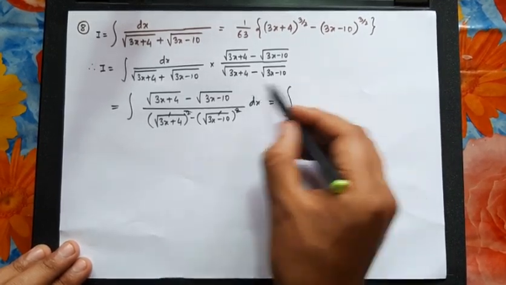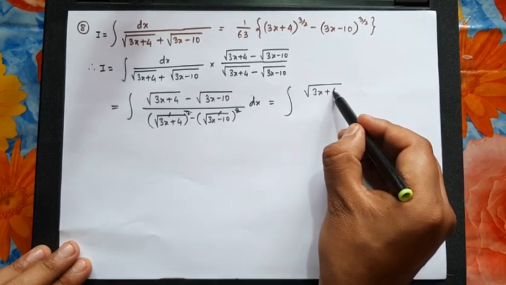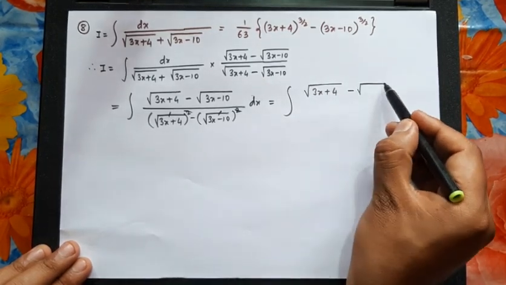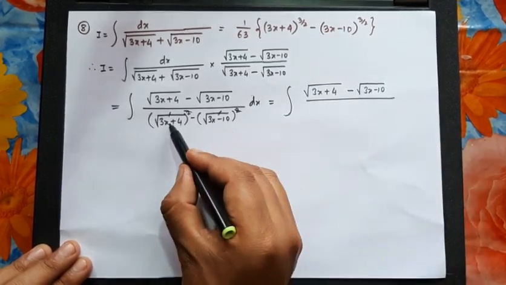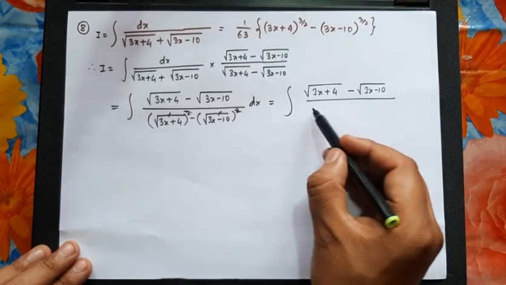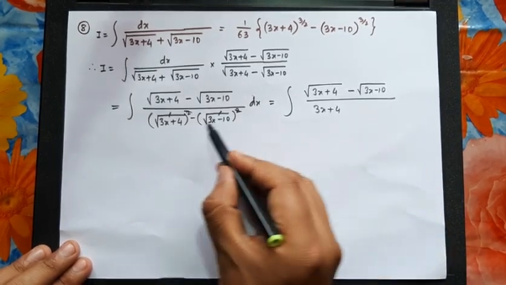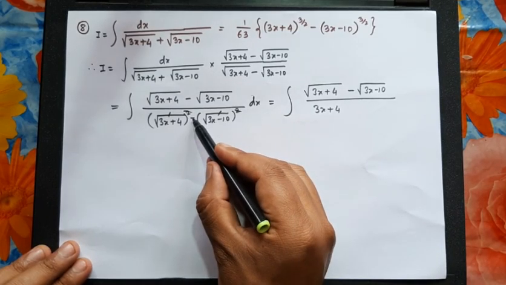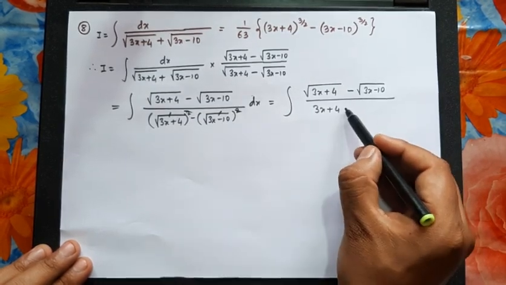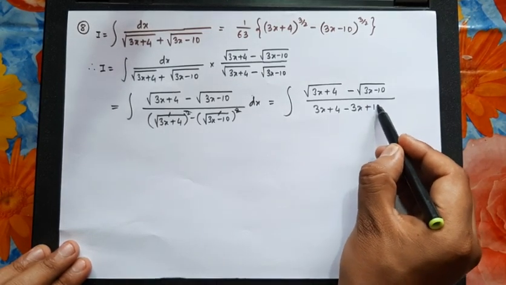So we have integral of square root of 3x plus 4 minus square root of 3x minus 10 divided by, okay, so here we have 3x plus 4 left. So 3x plus 4. Now since there is minus, here we have got 3x minus 10. Now because of this minus, all this sign will change after multiplication. That is, it becomes minus 3x plus 10.